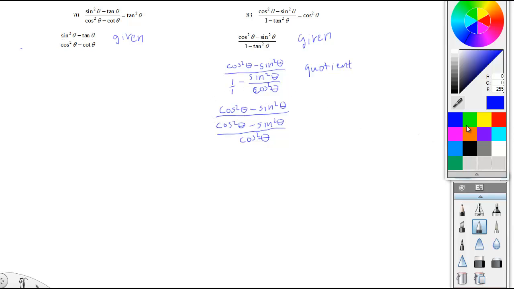That was by taking this fraction here and multiplying it by cosine squared theta over cosine squared theta. Then I have this common denominator, and I just wrote it as a single fraction here. So we'll call this common denominator.